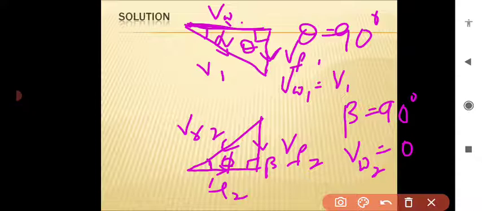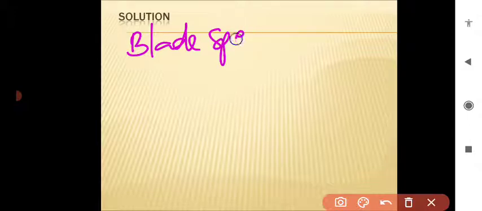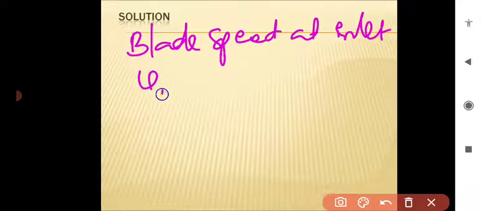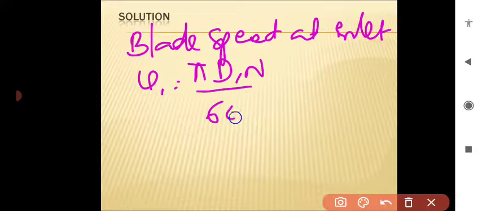Okay, here the blade speed at inlet, u1, is equal to pi D1 N by 60.